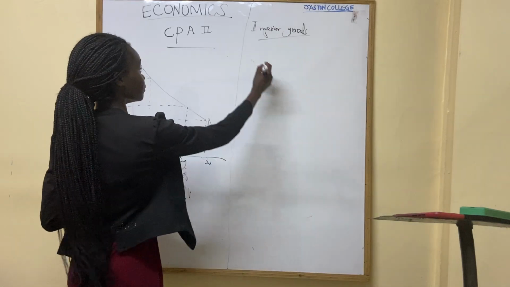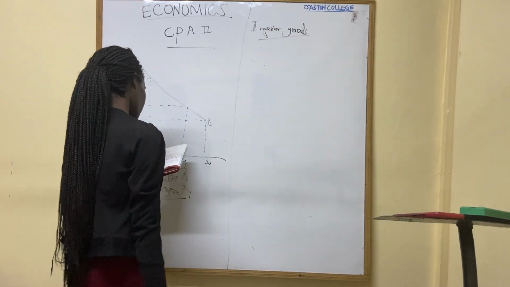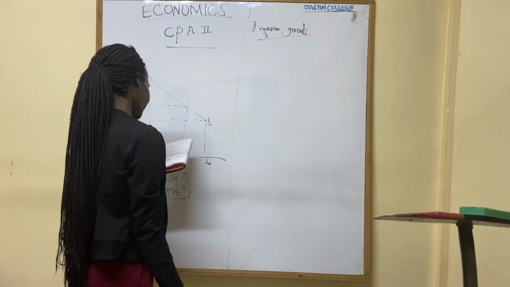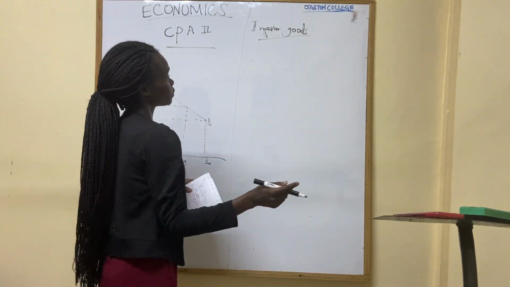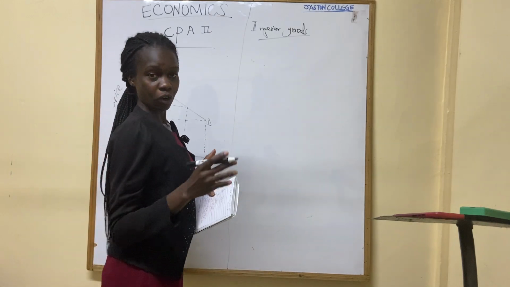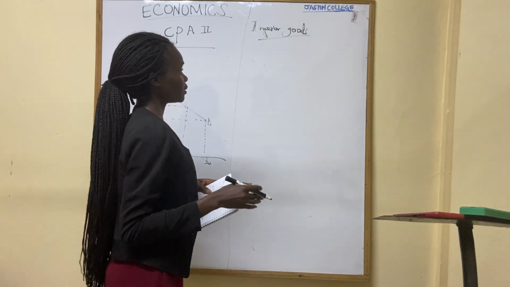So when it comes to inferior goods, these are goods whereby households use them more when their prices go down.